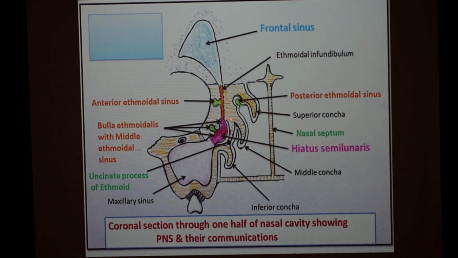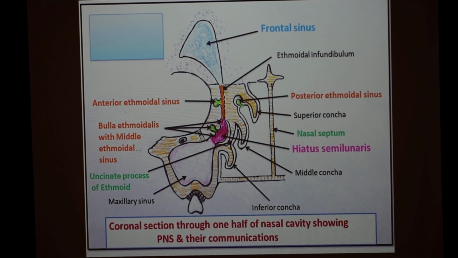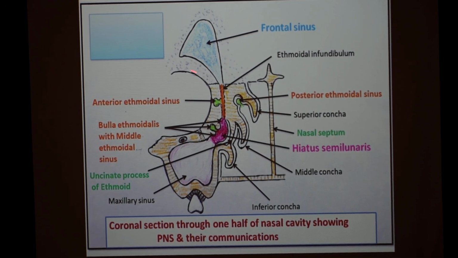So this is the communication of the frontal sinus with the middle meatus of the nose. The frontal air sinus is supplied by the anterior ethmoidal vessels and anterior ethmoidal nerves, and its lymphatic drainage is into the submandibular group of lymph nodes. So this is about the frontal air sinus.